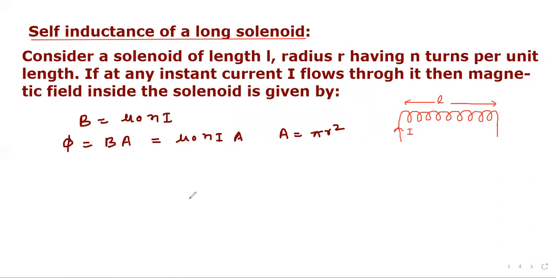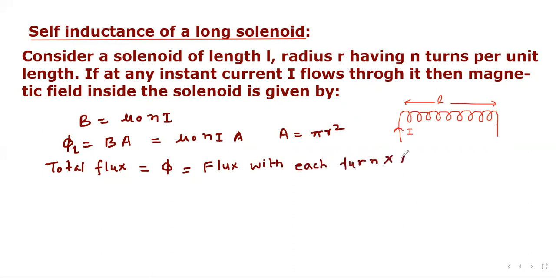Now we have to find out total flux. So total flux, say phi 1, phi 2, total flux, or we can write it as phi. So phi will be equal to flux linked with each turn times number of turns.